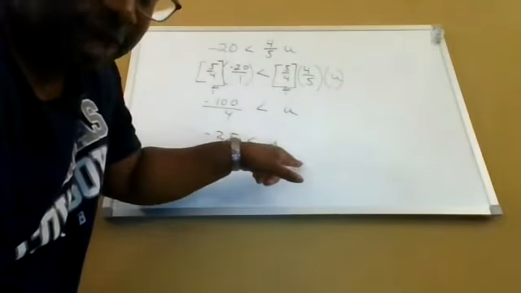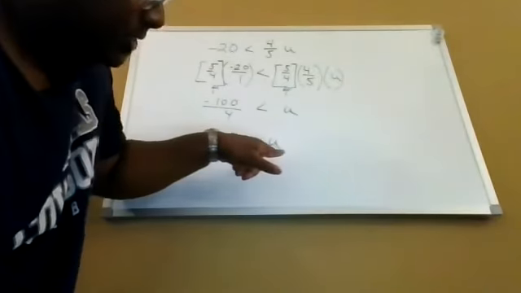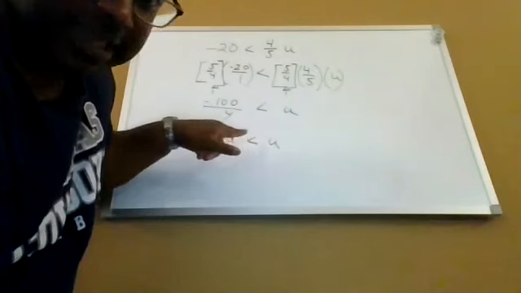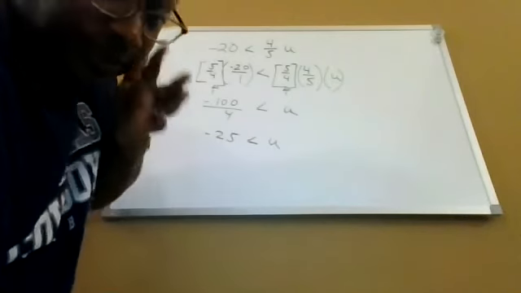If I read it from right to left, it's u is greater than -25.